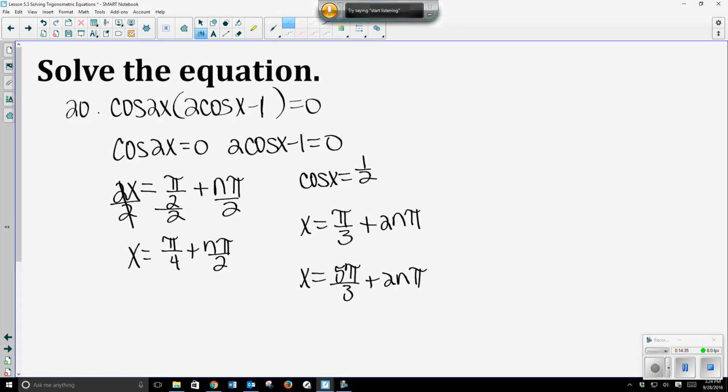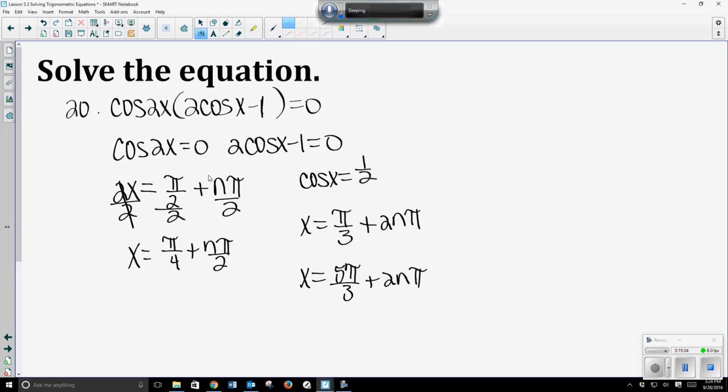On the left-hand side, we have plus n pi in the beginning, and on the right-hand side, plus 2n pi. So your two answers for the one on the left, you're repeating after half a revolution. But your two answers, pi over 3 and 5 pi over 3, for the one on the right, the 2 cosine x minus 1 equals 0, that's not half of a revolution or a whole revolution or anything like that.